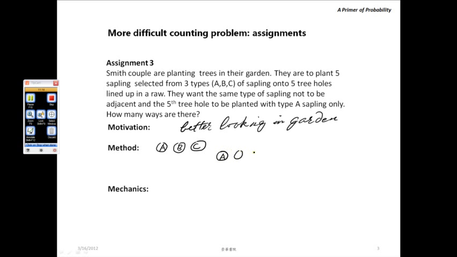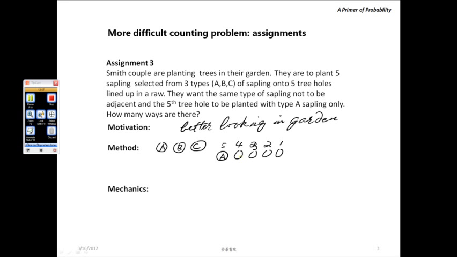After the fifth tree hole is planted with circle A saplings, the middle four tree holes look like this: 1, 2, 3, 4.